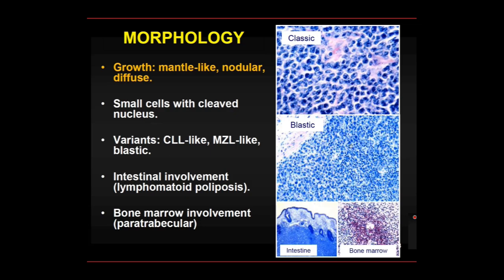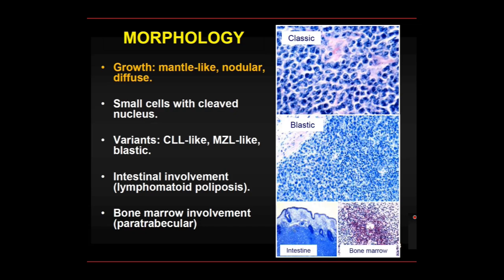And we have a blastic, also called blastoid, variant. In the blastic variant, cells are a little bit bigger, nuclei not so dense, and the differential would also include tumors derived from precursors, so lymphoblastic lymphoma. Blastoid morphology is the only one associated with a specific prognosis. Those are more aggressive.